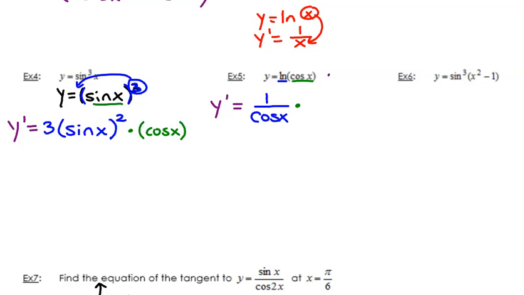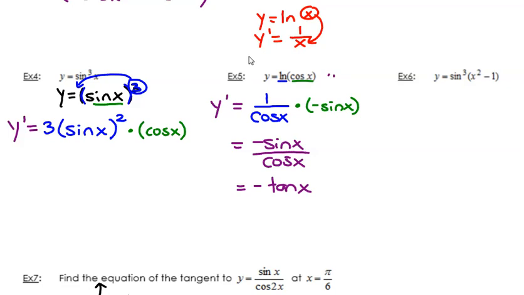Do the derivative of the innermost layer, negative sine x. And you can clean it up, simplify a little bit. Equals negative sine x in the numerator over cos x. And hey, isn't that tan? Negative tan x. Again, I don't know where you can stop. It's subjective. You stop wherever you or your teacher wants to stop.